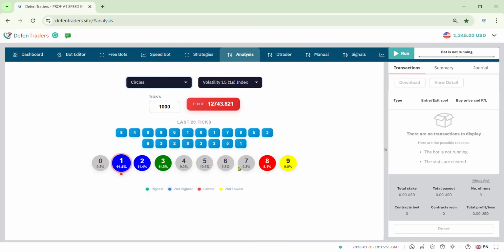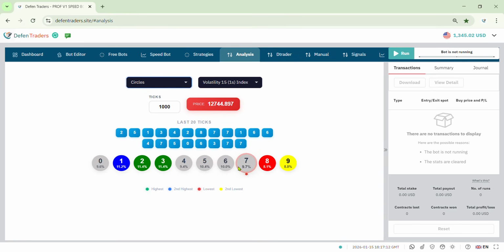I've told you about digits above a certain percentage at any given time. You realize that when digits are above 10% and they are on your under 5, you'll definitely know that the under 5 is strong.